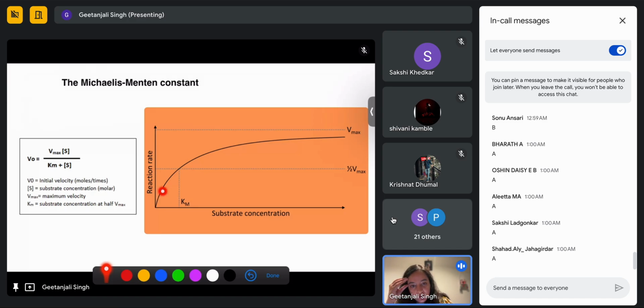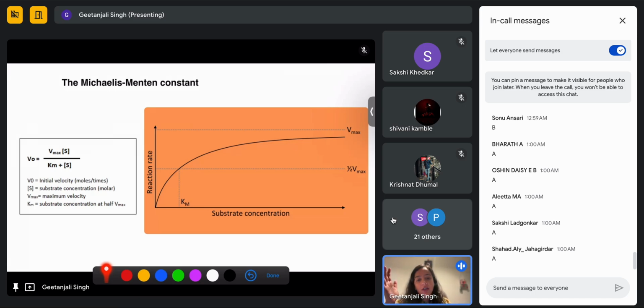As the concentration of the substrate increases, the rate of the reaction moves very fast in a hyperbolic curve. It keeps on increasing until a point where all the active sites are filled with substrate. It reaches a saturation point where there is no longer any active site or enzyme left for a substrate to fit into and be catalyzed.